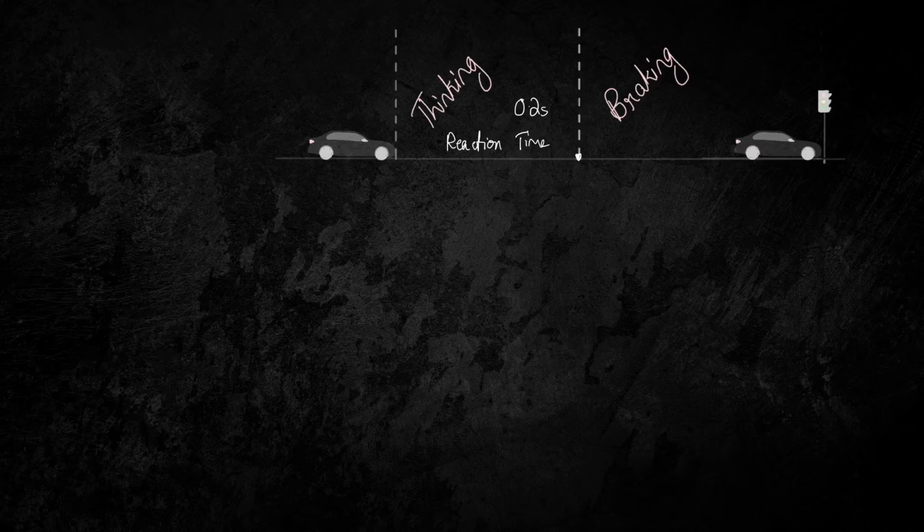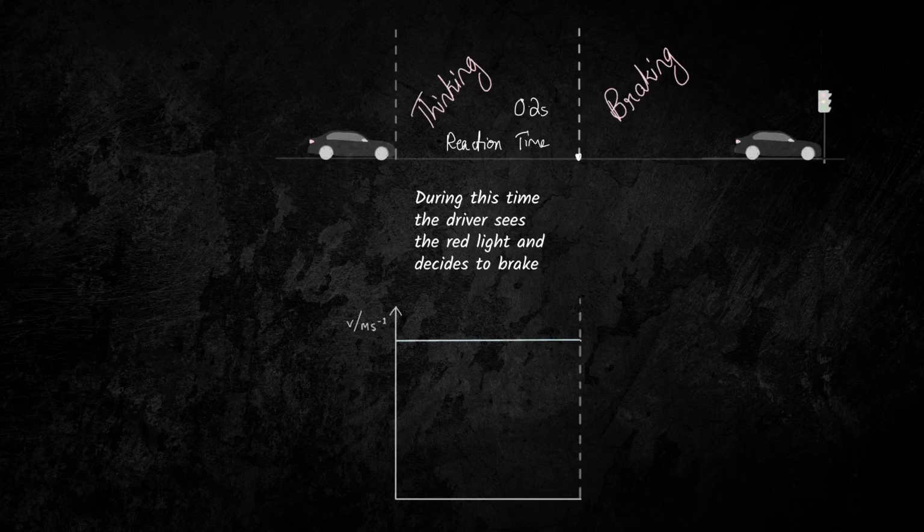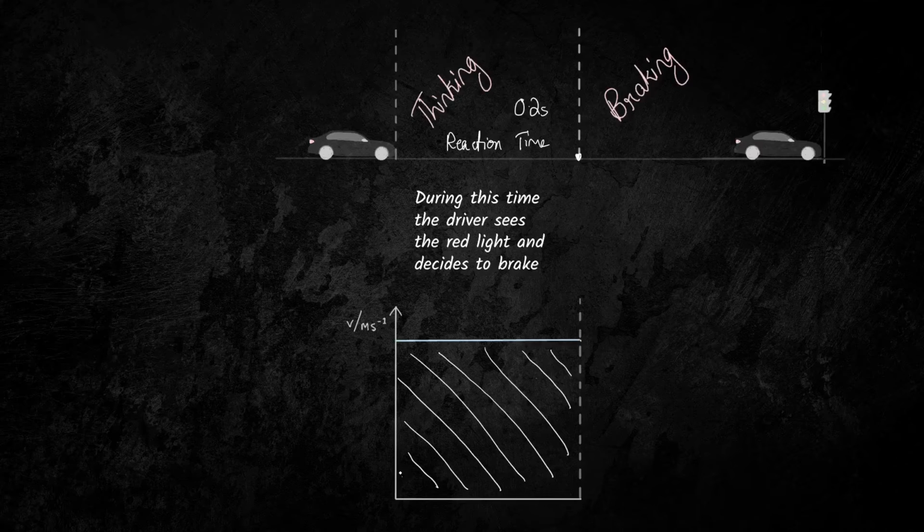Let's recap. Thinking is the time the driver takes to decide to brake. The distance traveled during this time is known as the thinking distance. As we know that distance or displacement is the area under the graph, where a velocity time graph is given, so you can easily figure out the area under the graph to figure out the thinking distance.